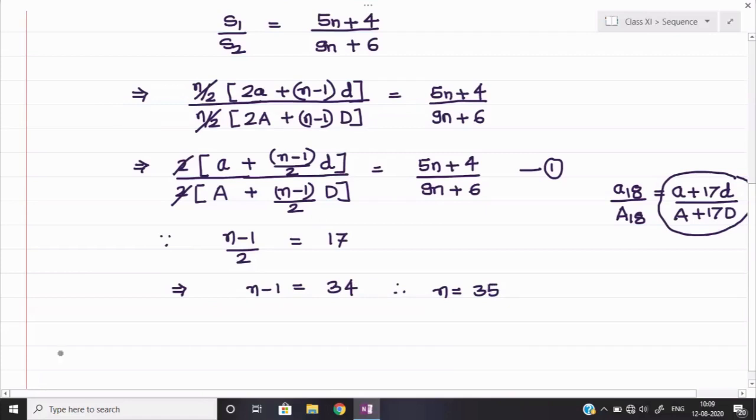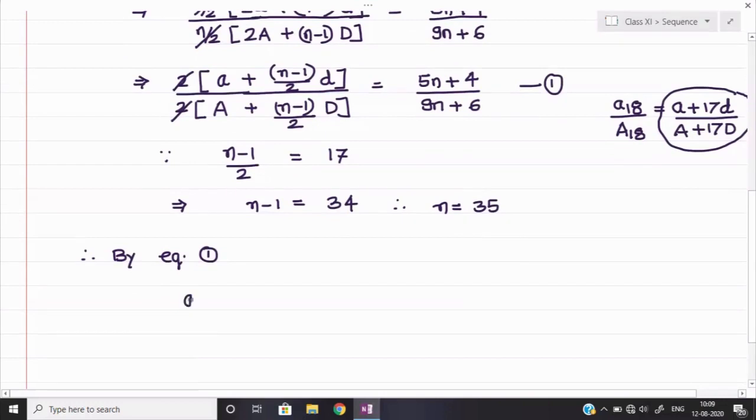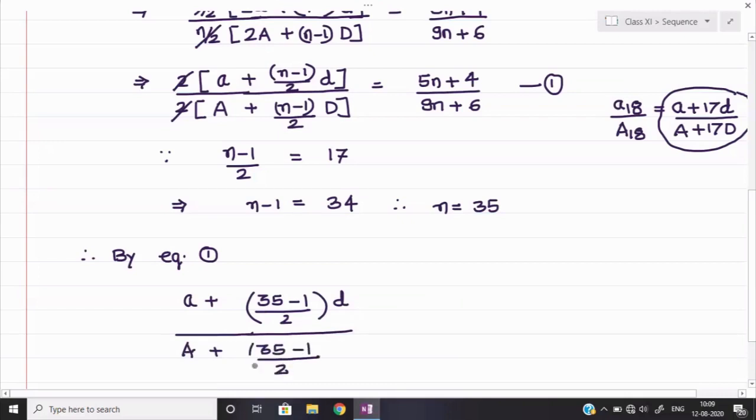Now the value of n I am keeping in equation number 1. So by equation 1, a plus (35 minus 1) upon 2 into small d, whole divided by the same, capital A plus (35 minus 1) upon 2 into capital D, is equal to.